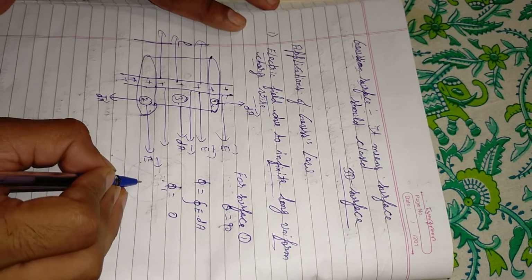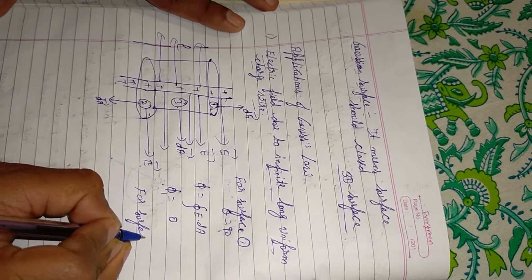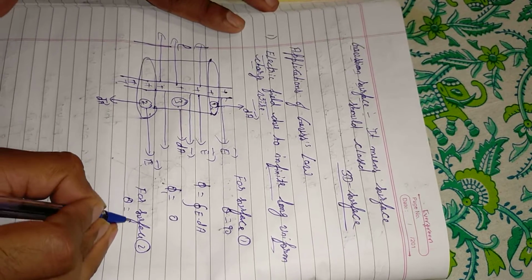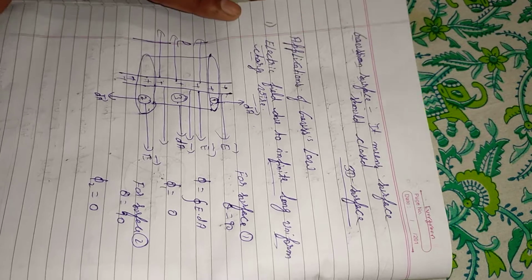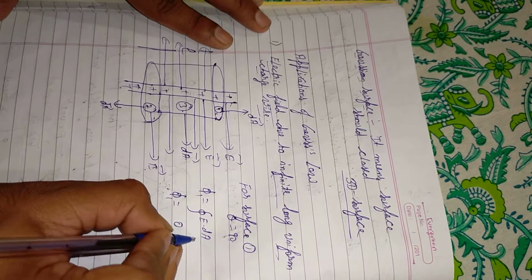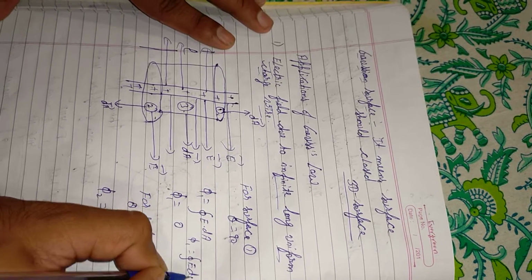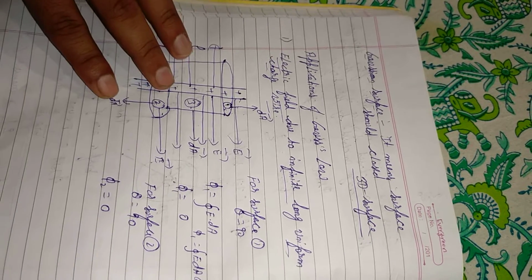Similarly for surface 2, theta is 90, perpendicular, so the electric flux is E dA cos 90, which is also 0.